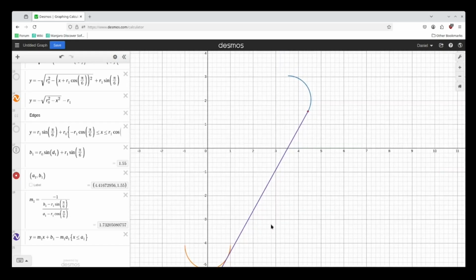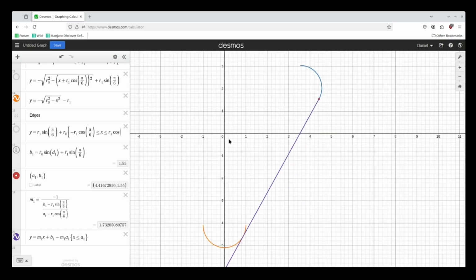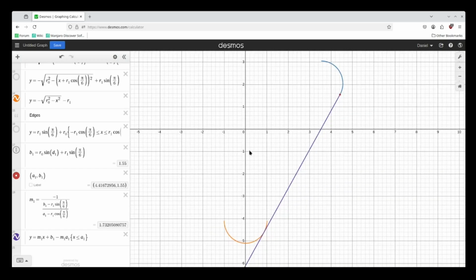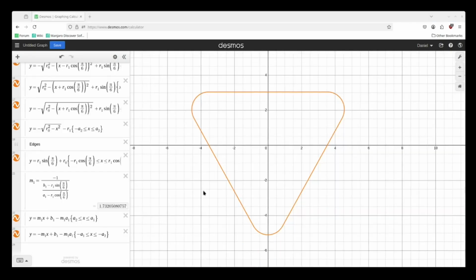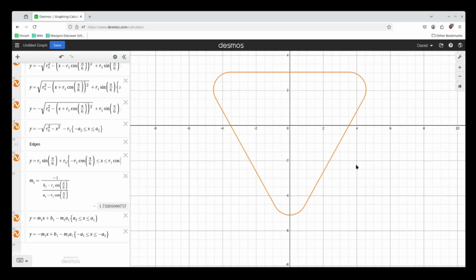I want to complete the rest of the edges off camera, and then we'll reconvene. I've completed the graph, well, just the edges.